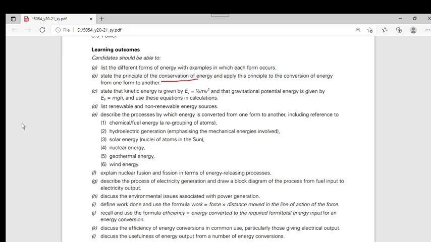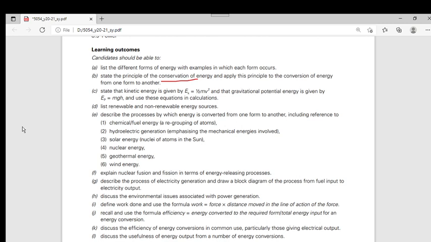And after that, kinetic energy. Kinetic energy is energy associated with the movement of an object. Potential energy, the energy associated with the change in position, is called as the potential energy.